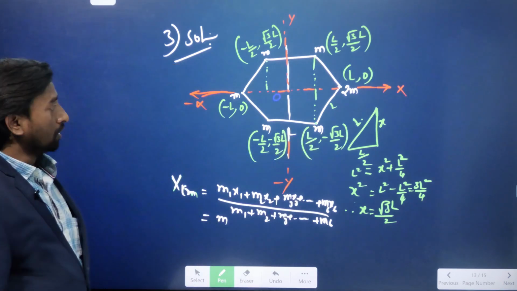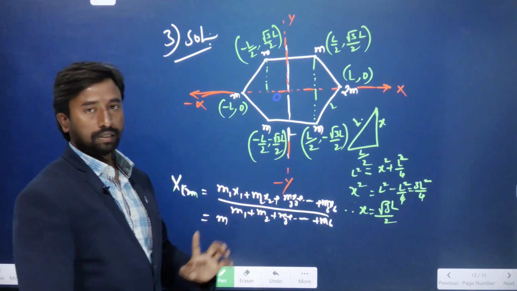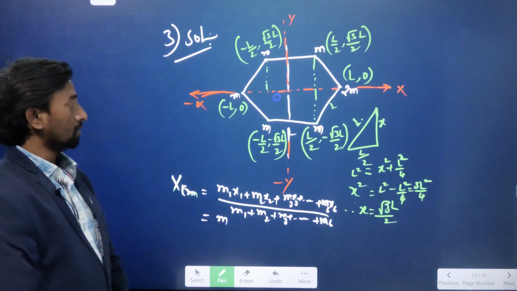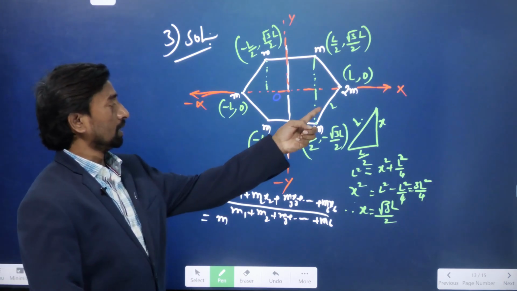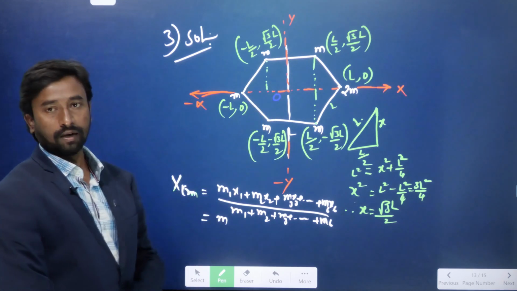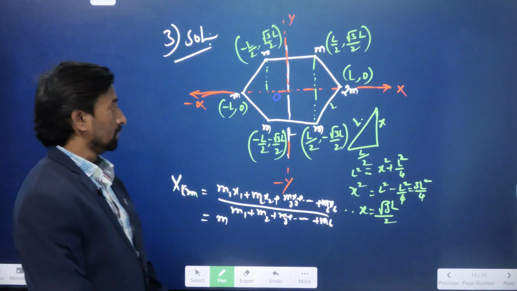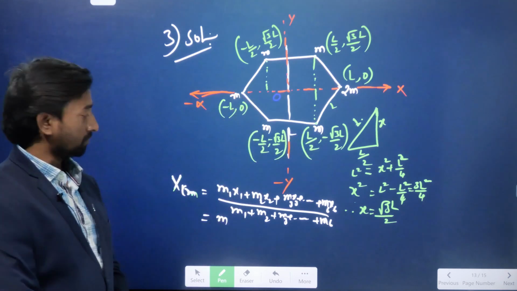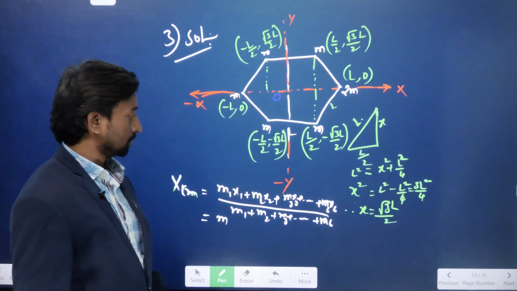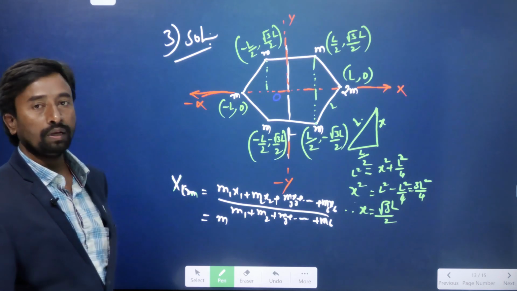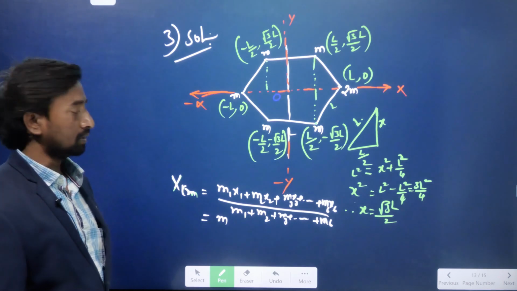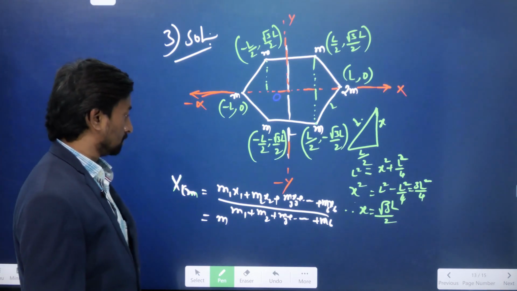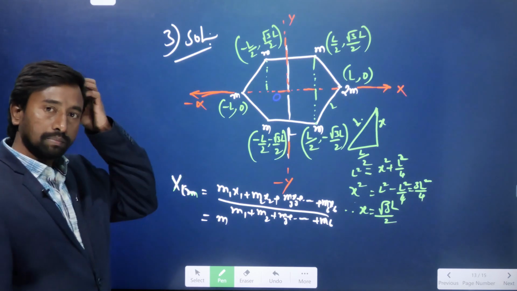Okay, and we have found all the coordinates for the regular hexagon of side L. After finding all the coordinates, we should apply the formula: m1 x1 plus m2 x2 plus m3 x3 and so on up to m6 x6, divided by m1 plus m2 plus m3 and so on up to m6.